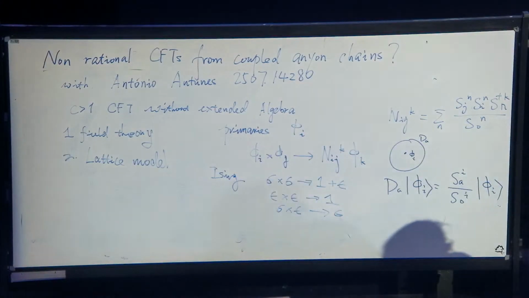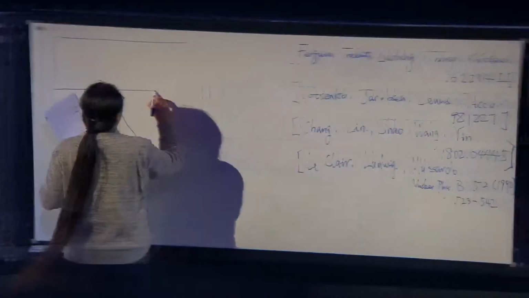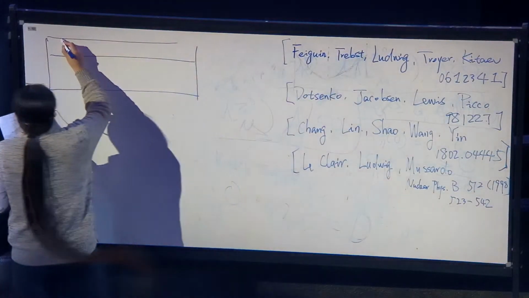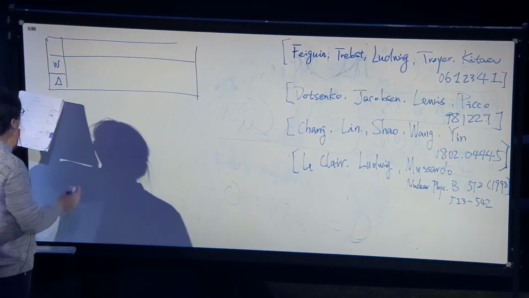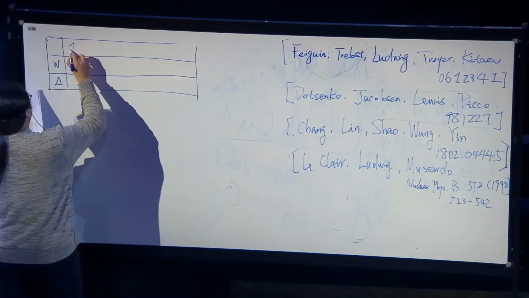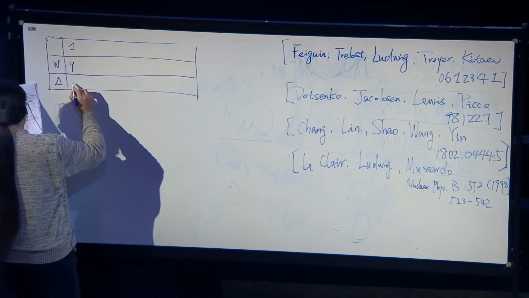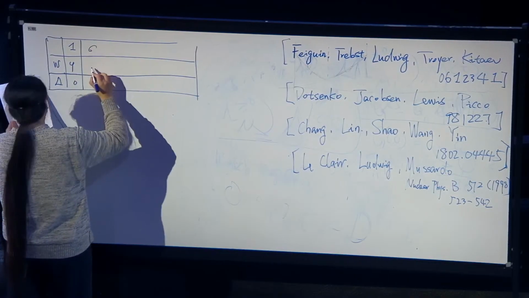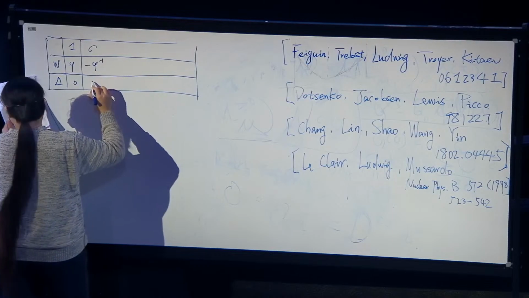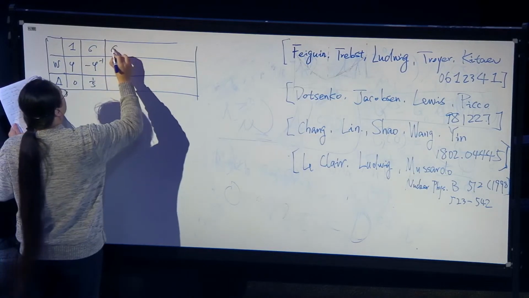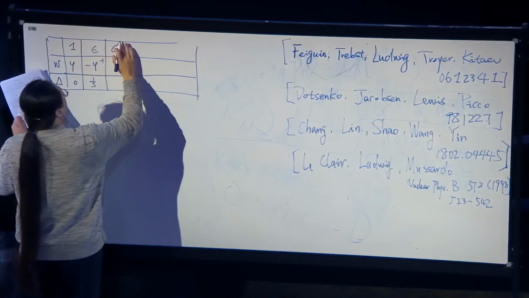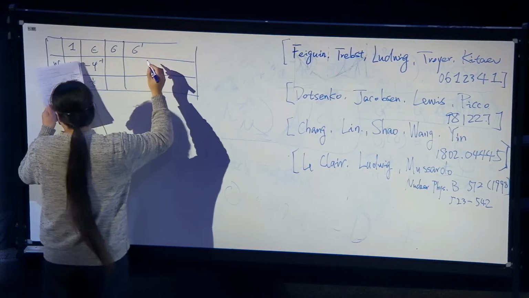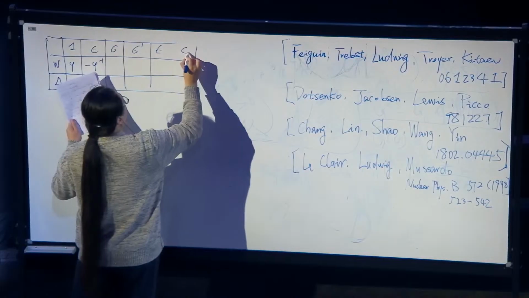So let's make a table for the tricritical Ising model. We will care about this Fibonacci symmetry, and I'll call it W. And this is the scaling dimension of that operator. Identity, epsilon, sigma, sigma prime, epsilon prime, epsilon double prime.